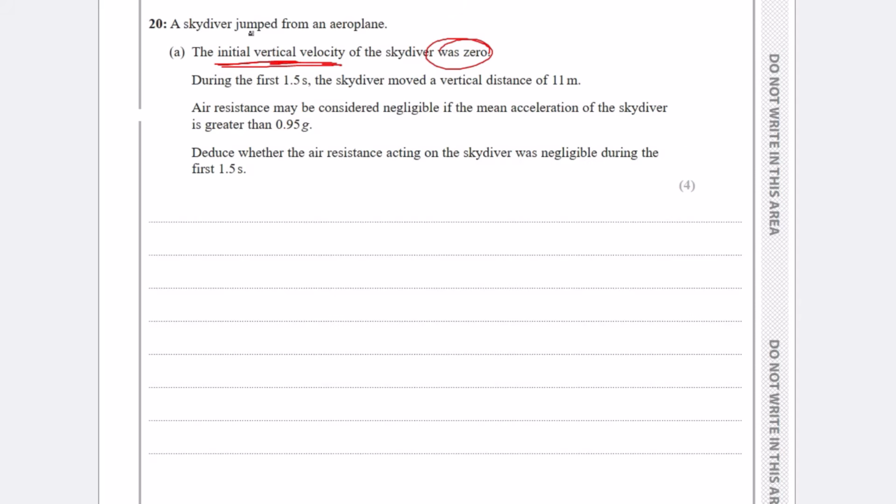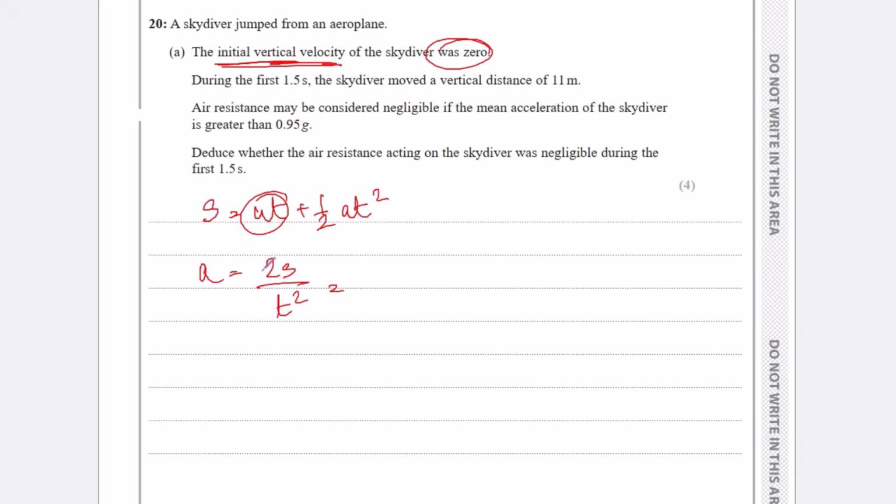Okay. So if the initial velocity is 0, just recall the equation. S equals, the full equation was ut plus half at square. So if the initial vertical velocity is 0, the whole ut becomes 0. So the equation gets reduced to S equals half at square, right? So a should be equal to twice s by t square.